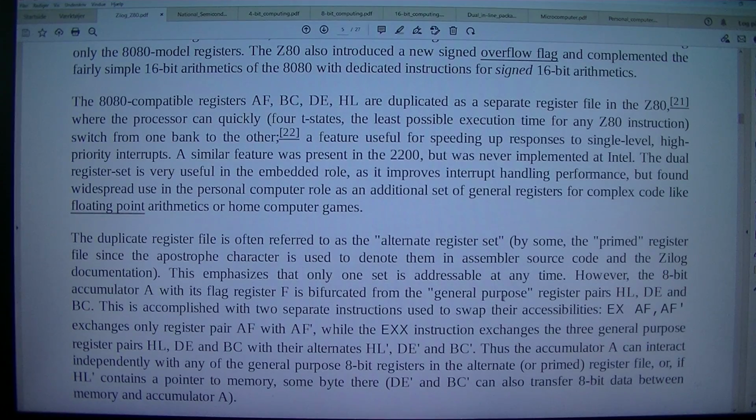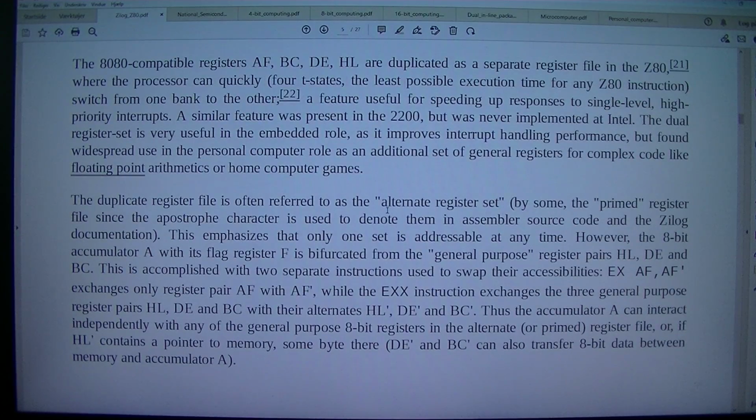The 8080 compatible registers AF, BC, DE, HL are duplicated as a separate register file in the Z80, where the processor can quickly, in 4 states, the least possible execution time for any Z80 instruction, switch from one bank to the other, a feature useful for speeding up responses to single level, high priority interrupts.